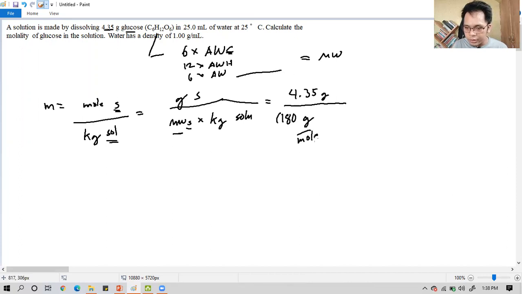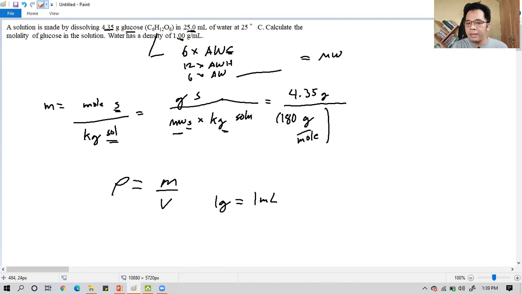So it is 180 grams per mole. And then for the kilogram of solution, how do we get that? As you can see here, water is expressed in terms of mL, and the density of water, the solvent, is 1.00 grams per mL. We already know the density formula, mass over volume. But since it's water, for every 1 gram of water there is 1 mL.